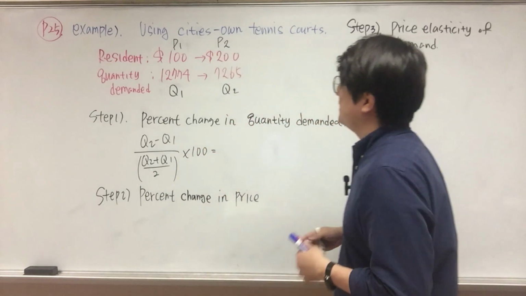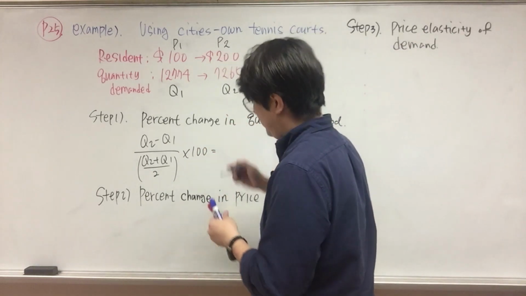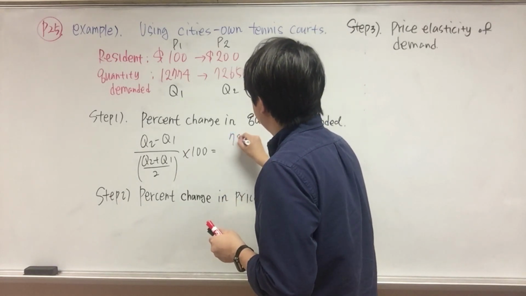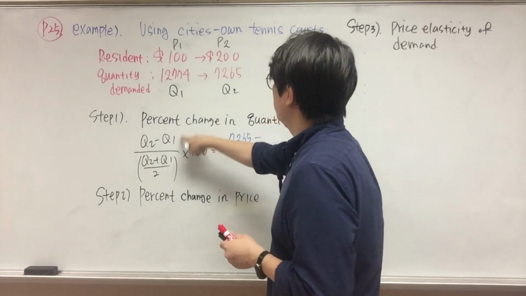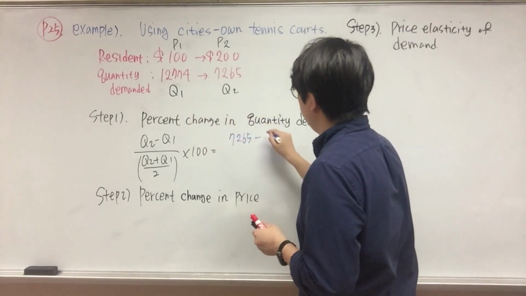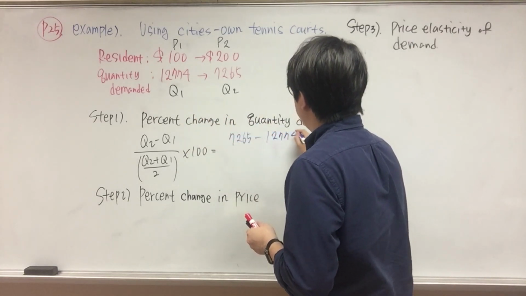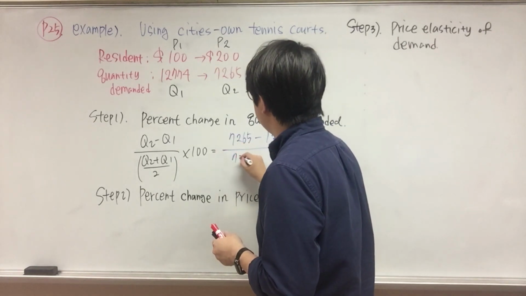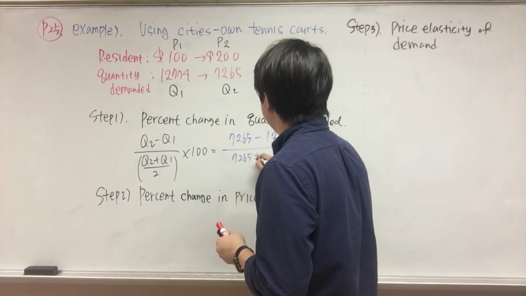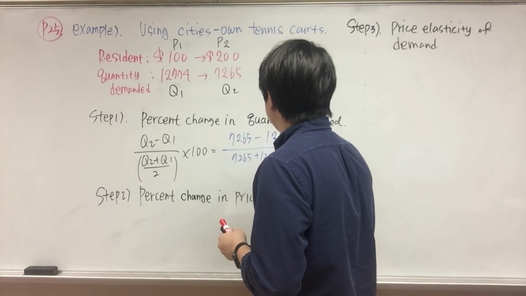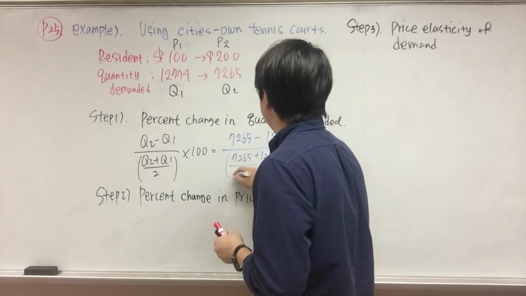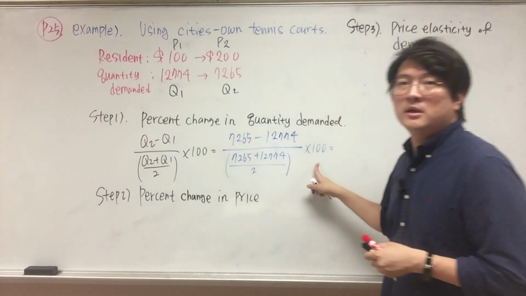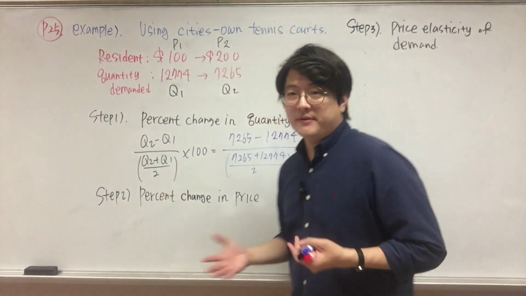So how can you find it? Q2 is 7265 minus Q1 is 12774, divided by the average value, the sum of the two values divided by 2. Don't forget to multiply by 100.